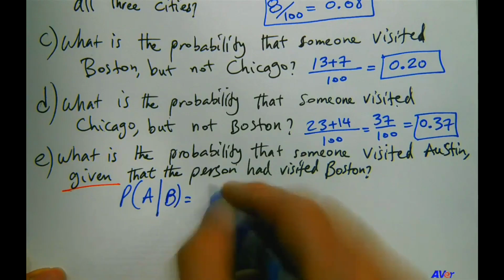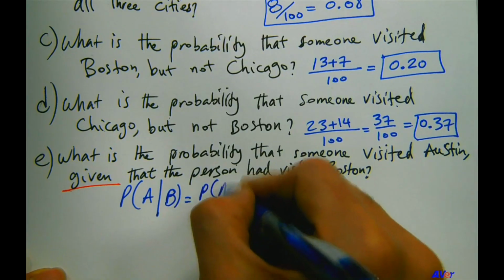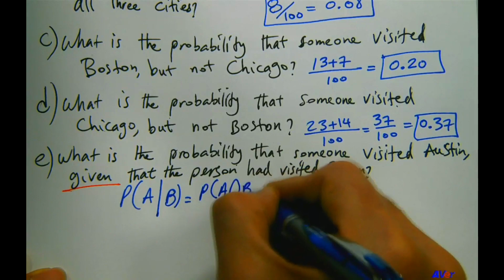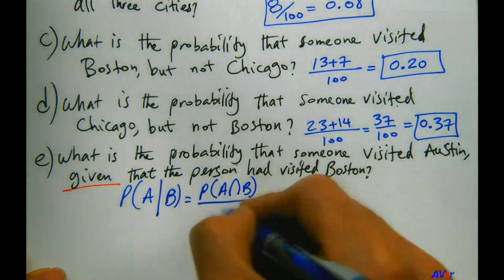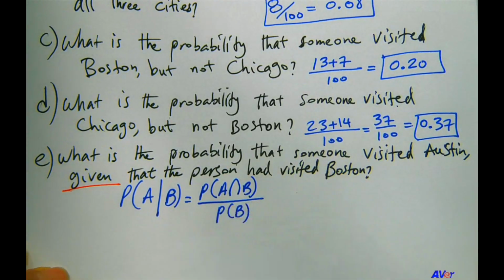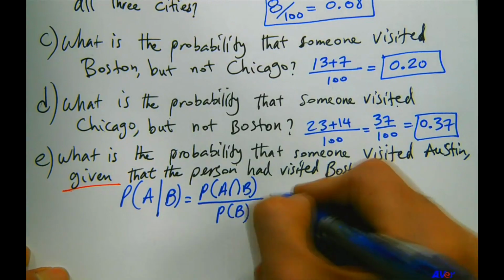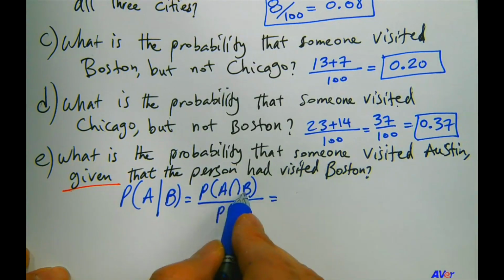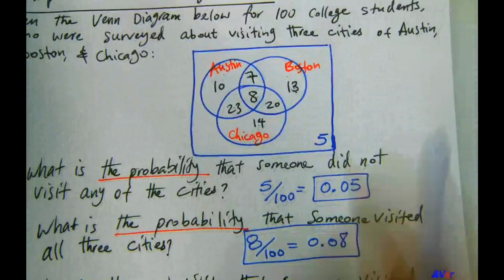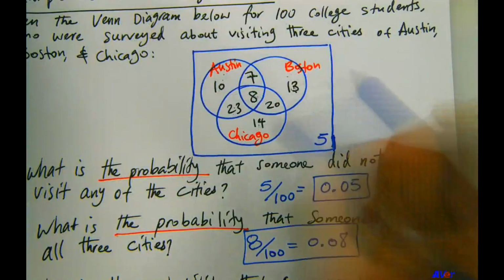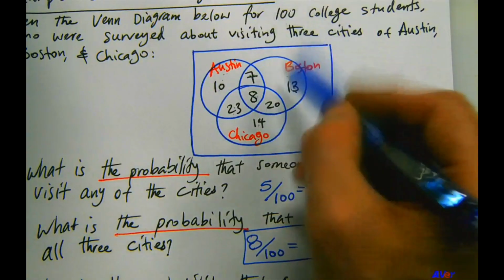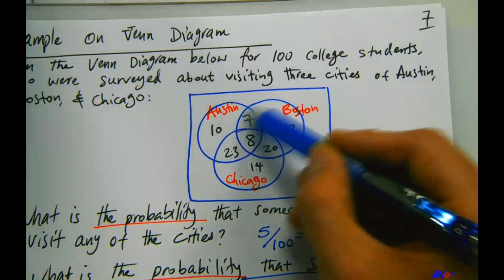So from the conditional probability formula, we can write probability of A intersection B divided by probability of B, right? A intersection B, that's those who visited Austin and Boston. Austin and Boston, that's that region.